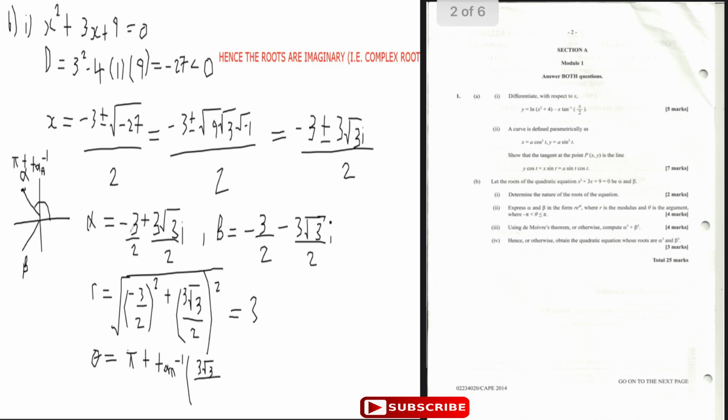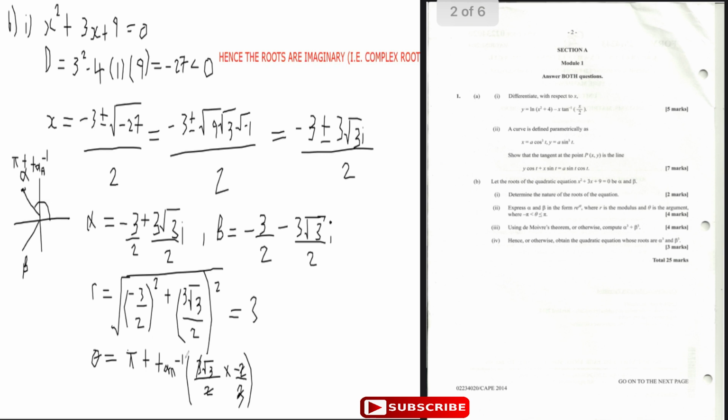Instead of dividing, I'm going to multiply by minus 2 over 3. So this 2 cancels this 2, and this 3 cancels this 3, and it's really tan inverse of minus root 3, so it's minus tan inverse root 3. Tan inverse of root 3 is pi by 3.